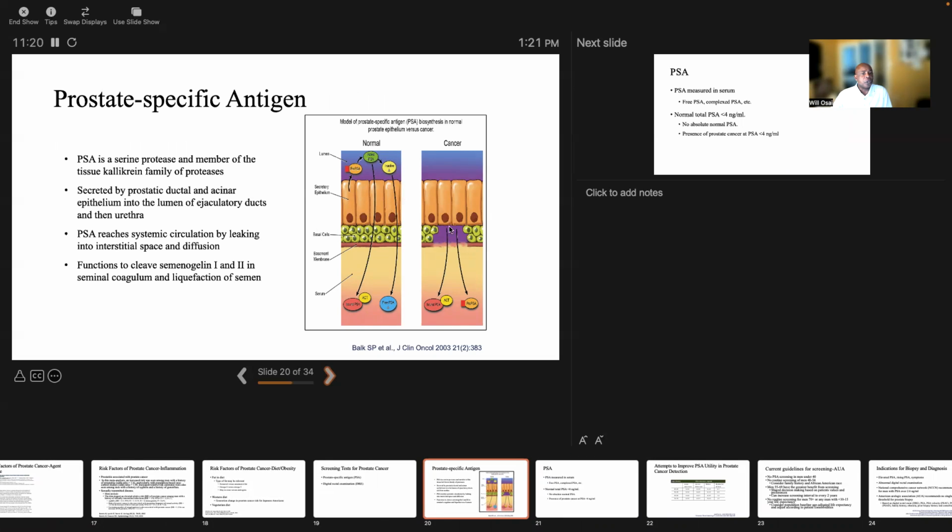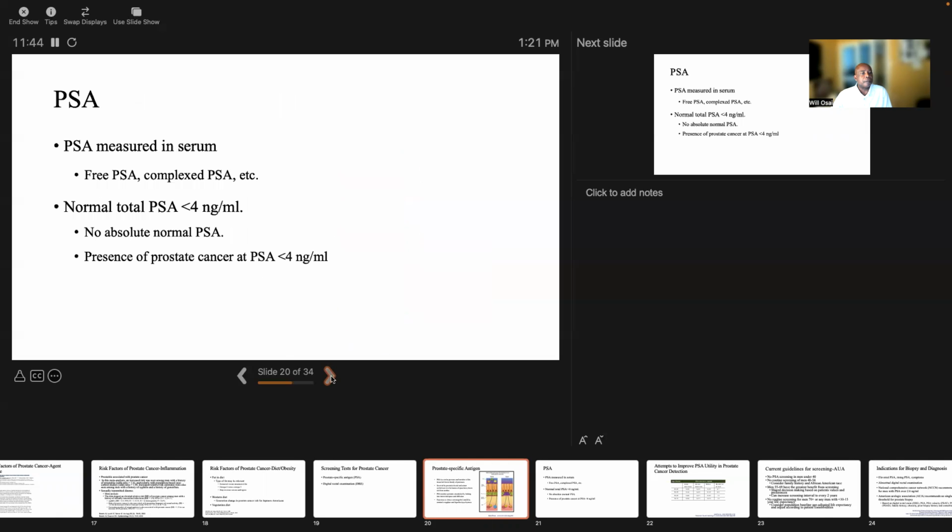However, when there's disruption in the prostate architecture, a lot more of the PSA seeps into the bloodstream and is detected. And the higher the PSA, the more likely that the patient has inflammation or prostate cancer.